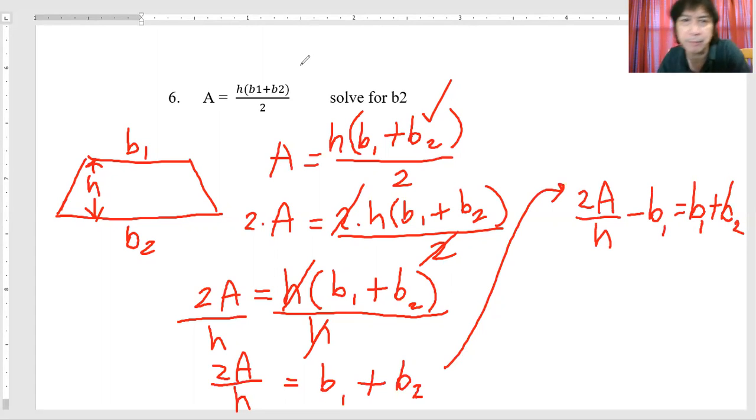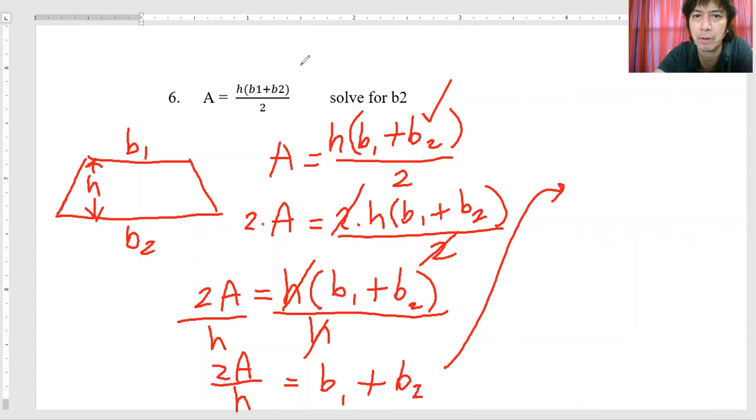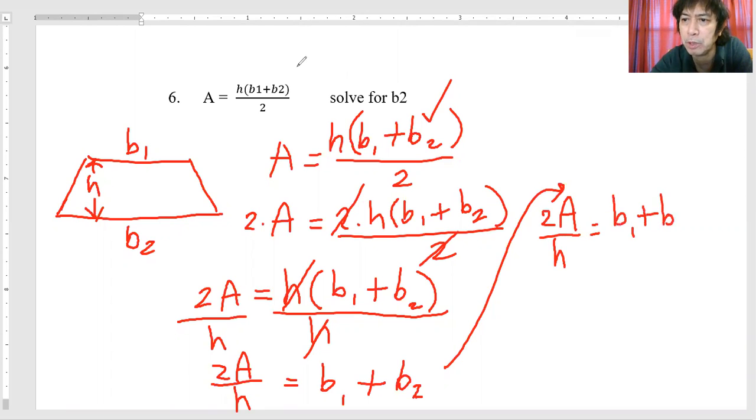Let me rewrite that. So this will be twice area over height equals b1 plus b2 minus b1. You see b1 and b1 cancel out to 0, and you're left on the right side with b2.